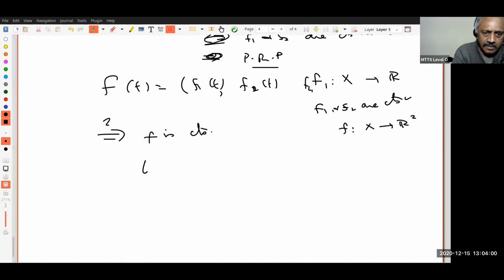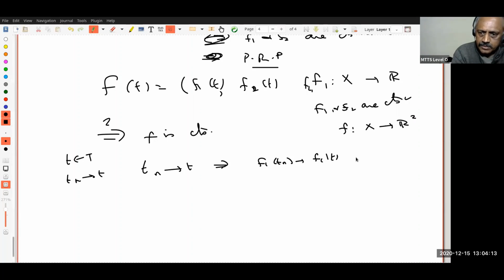I'll go fast. So fix a t in X. Let Tn converge to t. If Tn converges to t, what do I know? This implies f1 of Tn converges to f1 of t because f1 is continuous at t. Similarly, f2 of Tn converges to f2 of t. Right?